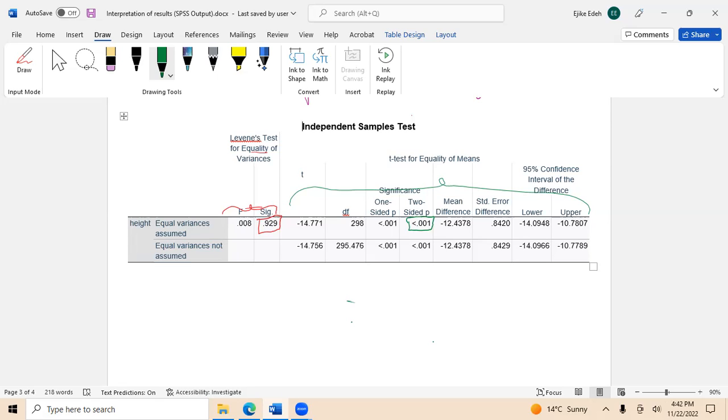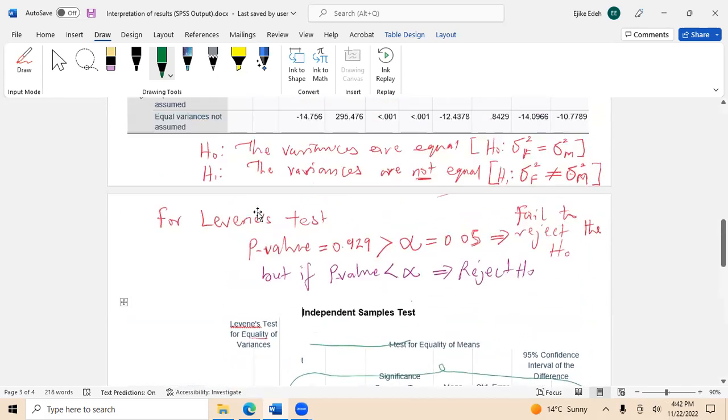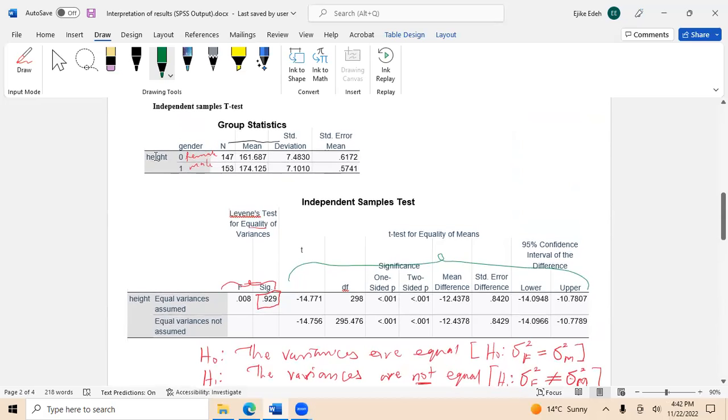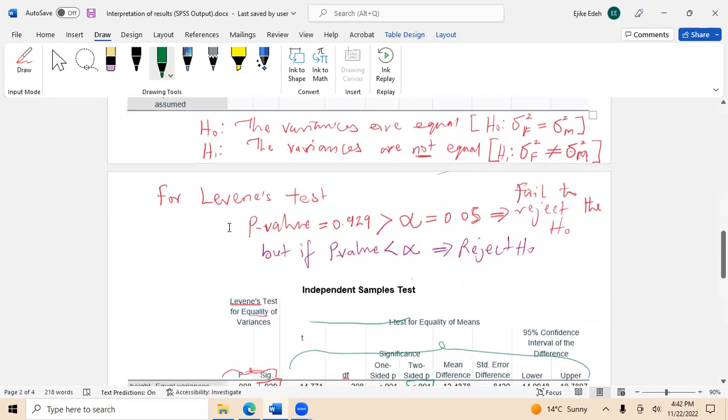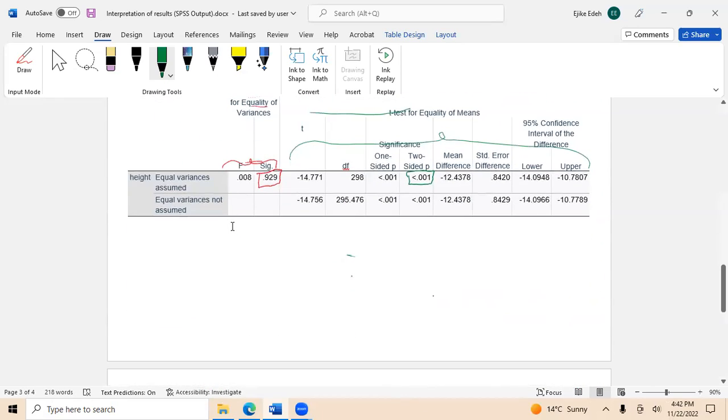So how do we interpret the results? First, understand that you're doing an independent t-test and that we are trying to test the equivalence or otherwise of the heights for male and female. So this t-test is asking, is the average height for male and female equal or different from each other? Okay. So let's take the null hypothesis first for clarity.